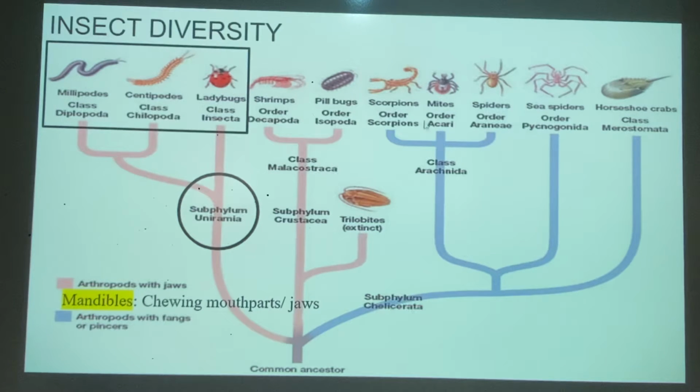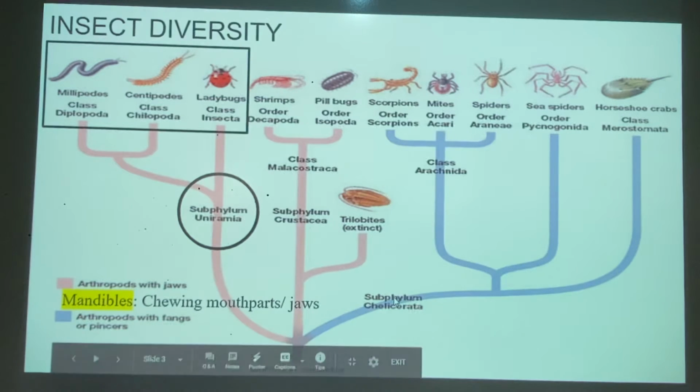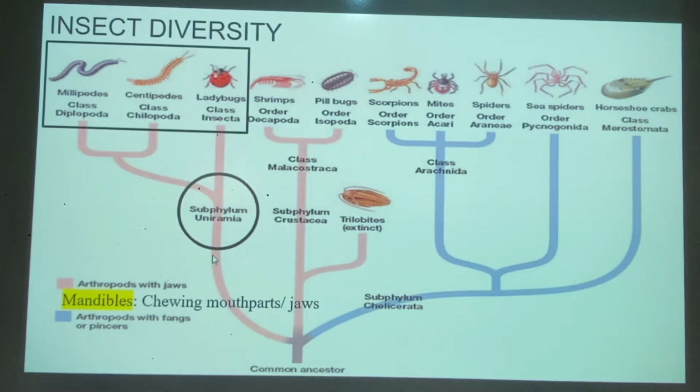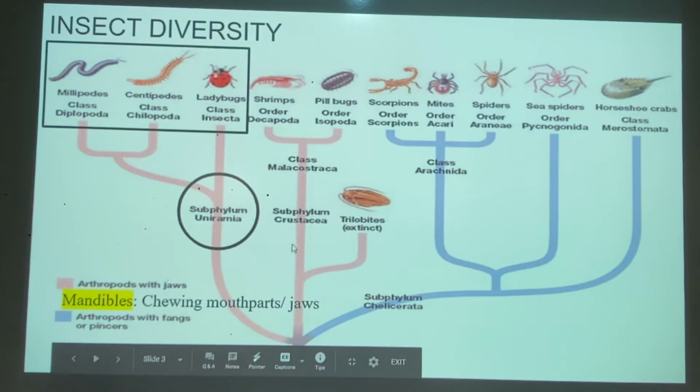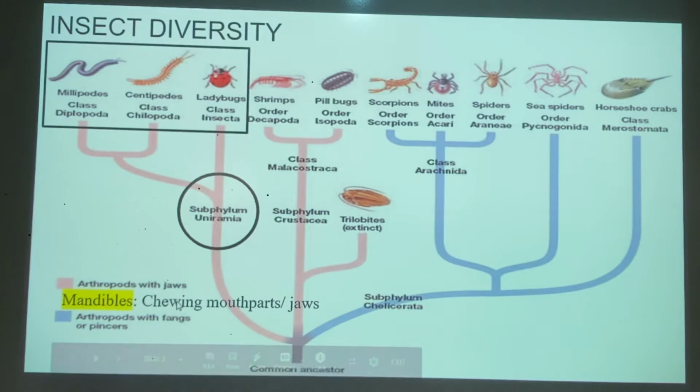We will talk about a few of these other ones as we go through, but the biggest difference, and I want you to get two color pencils, a blue and a pink, or a blue and a red, purple and a pink, whatever you want to do. And color where we have this split off in our phylogenetic tree right here, where we go clear up on this side, meaning arthropods have jaws or mandibles, which are going to be chewing mouth parts.